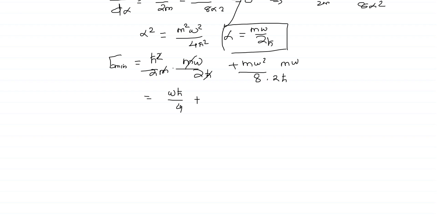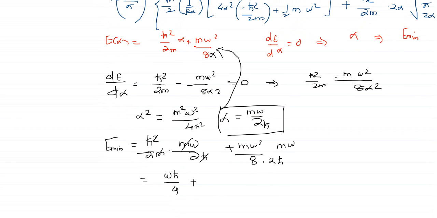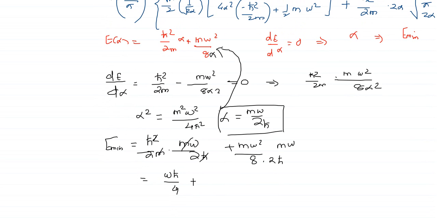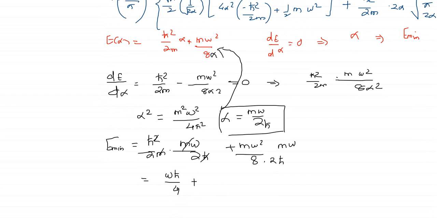Let me check. I need to substitute this alpha over here. So m omega upon 2 h bar, so 8. I have just written it wrongly.